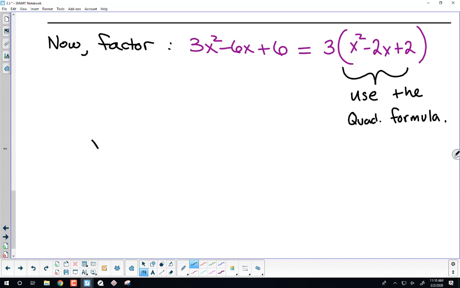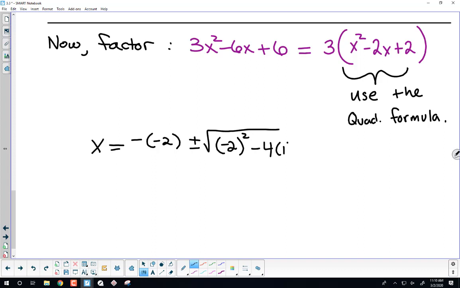And our quadratic formula tells us that x is equal to the opposite of b, which is negative 2. So we have the opposite of negative 2 plus or minus the square root of b squared, negative 2 squared, minus 4 times a times c. And then we have to divide all of this by 2 times a.